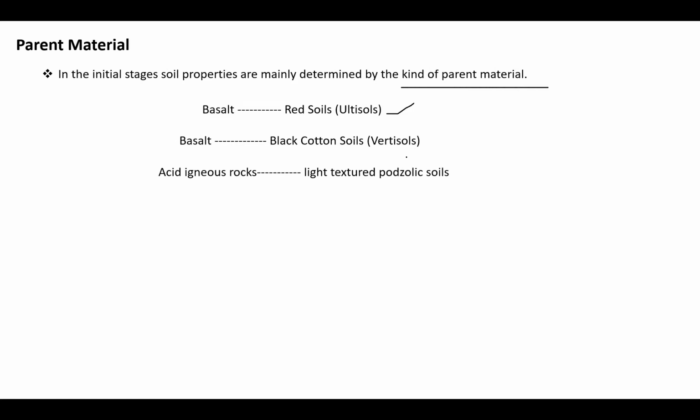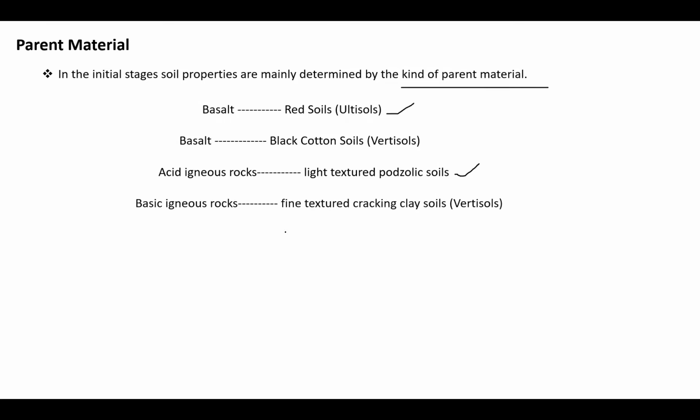Basalt, we all know, is an extrusive igneous rock, and it produces red soils coming under a soil order called ultisols. And again, basalt, under different climatic conditions, we can also see black cotton soils. In acid igneous rocks, formation of light textured podzolic soils will be very high.